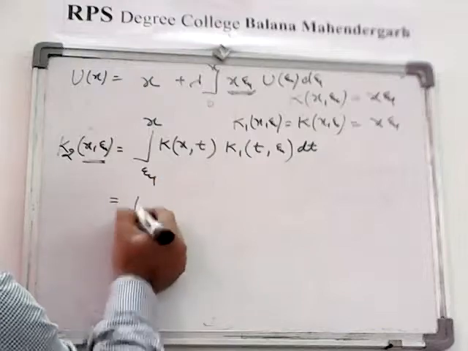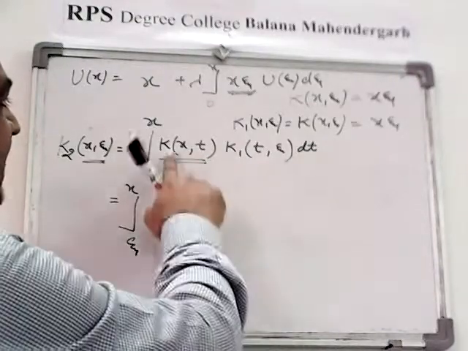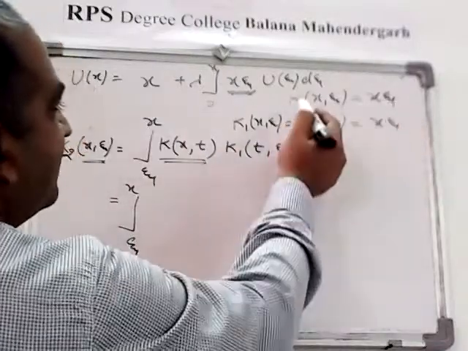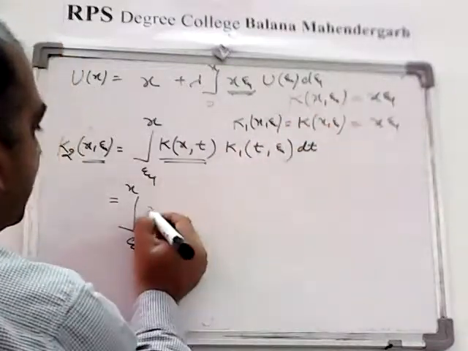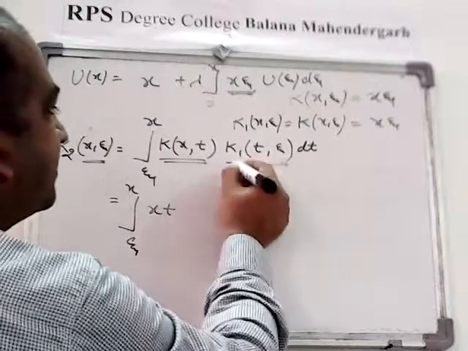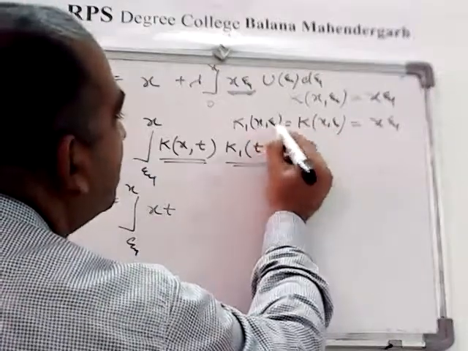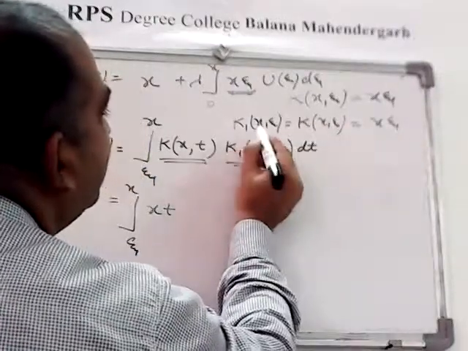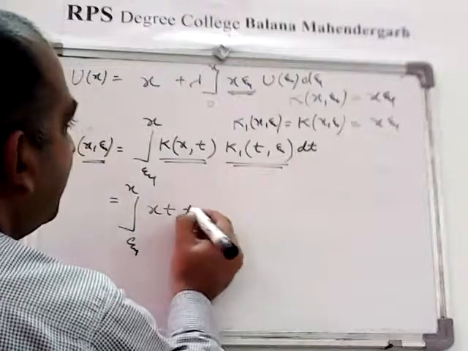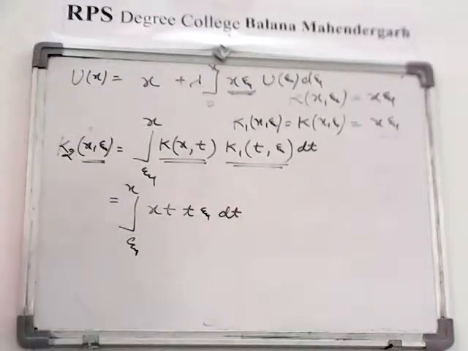The value of this kernel, as K of x comma xi is x xi, then x comma t will be xt. And for k1 t comma xi, since k1 x comma xi is x xi, k1 t comma xi will be t xi. Then we will use dt.